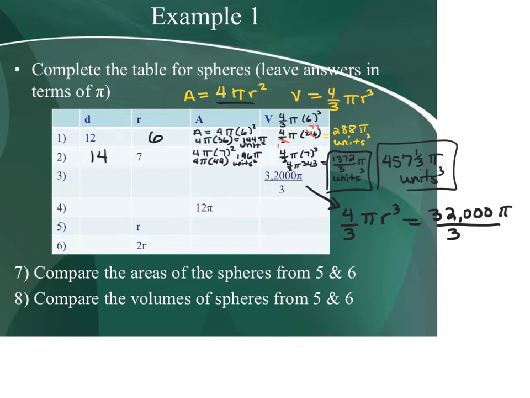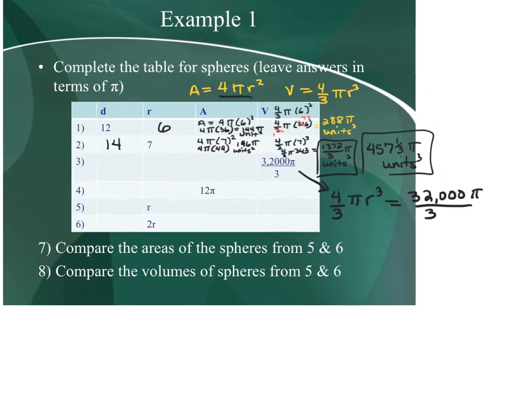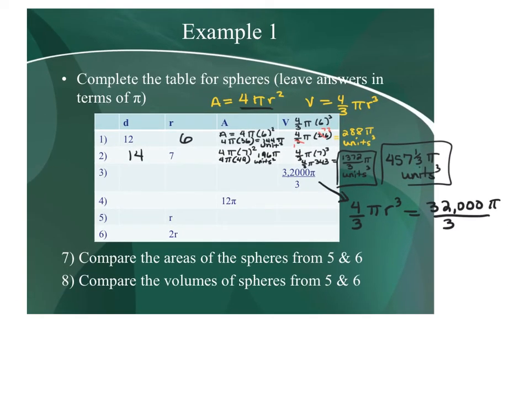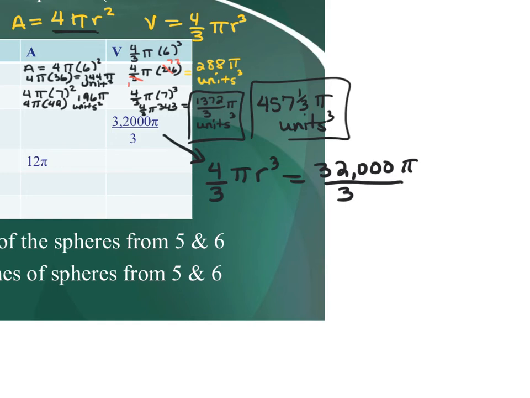Now, I could go about doing this several different ways. First thing I would probably do is get rid of the fraction. So I'm going to multiply both sides by 3. Cancels the 3's on both sides. So now I'm left with 4 pi r cubed equals 32,000 pi.